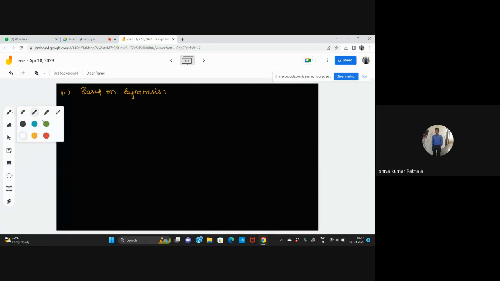Based on synthesis, what we can say, these are two types: addition polymers and condensation polymers. So addition polymers means what? These all we will discuss in examples.